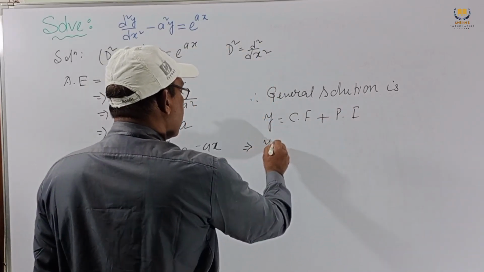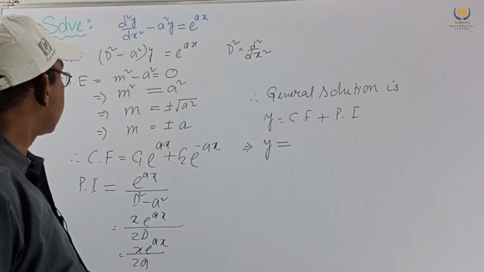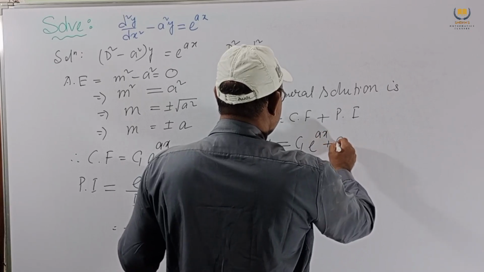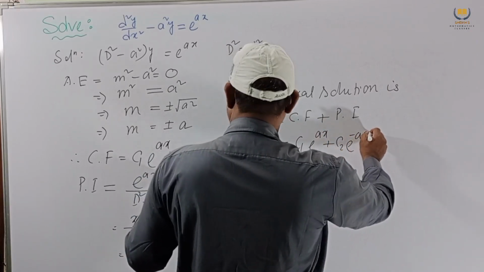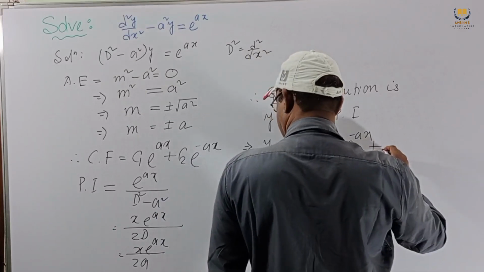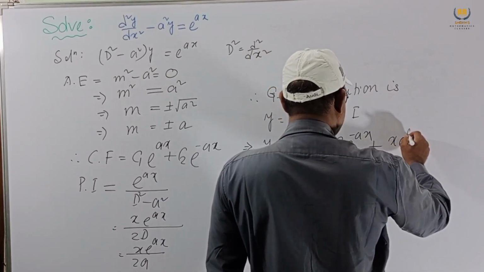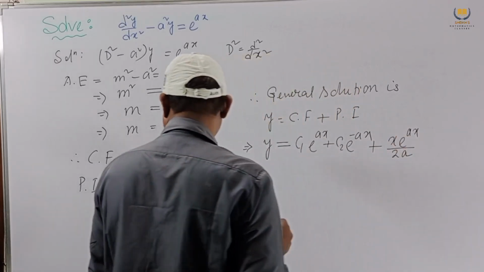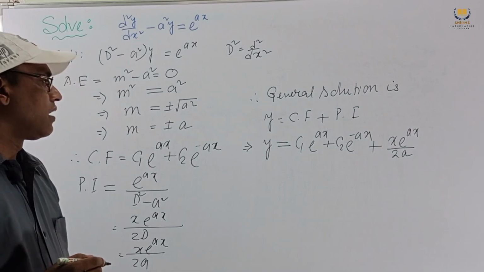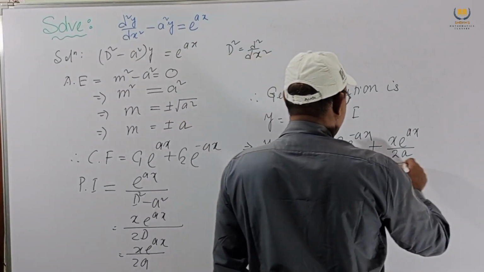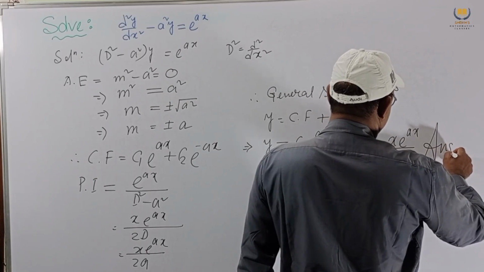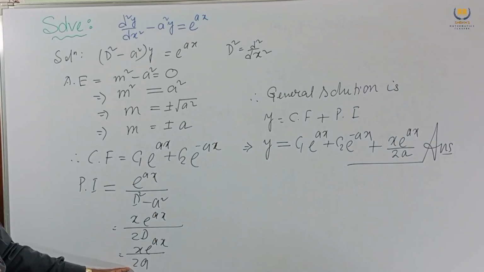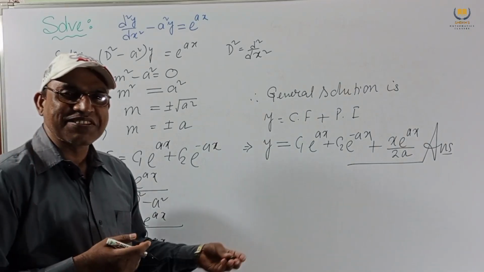This implies y equal to CF, CF means this one, c1 e to the power ax plus c2 e to the power minus ax, plus x e to the power ax by 2a. We get this, and this is the answer. Complementary function plus particular integral, then this is the answer, and this is a very nice solution.